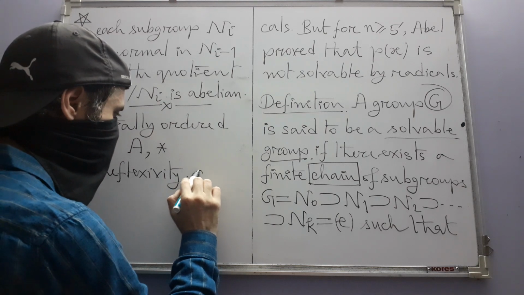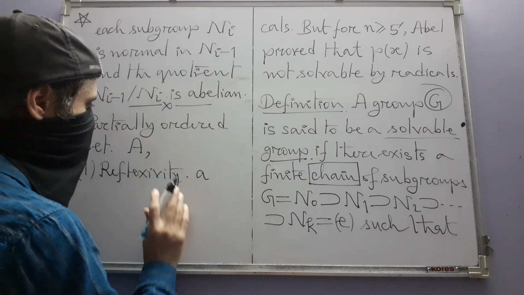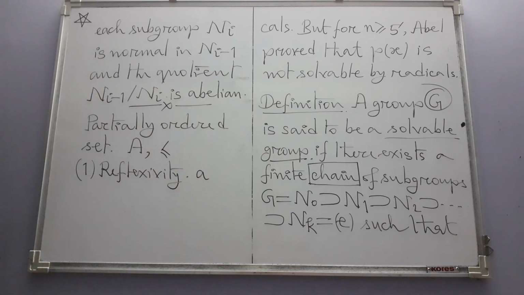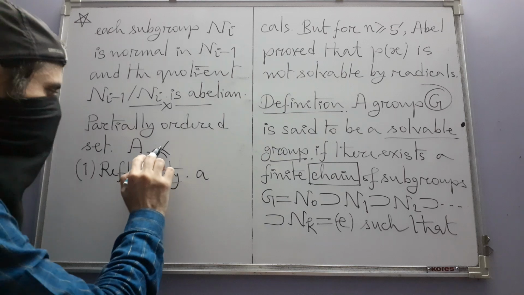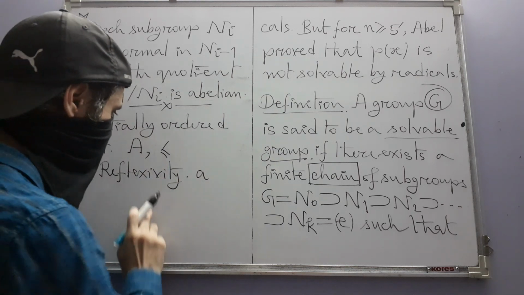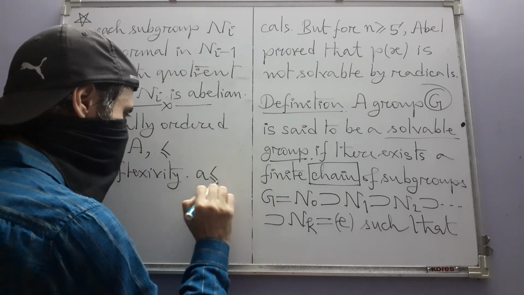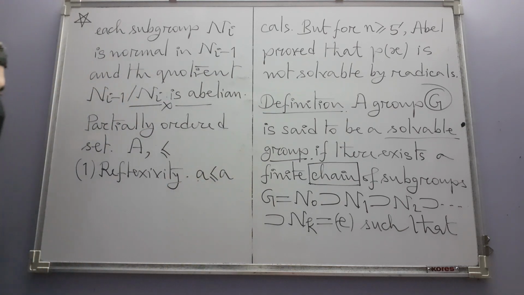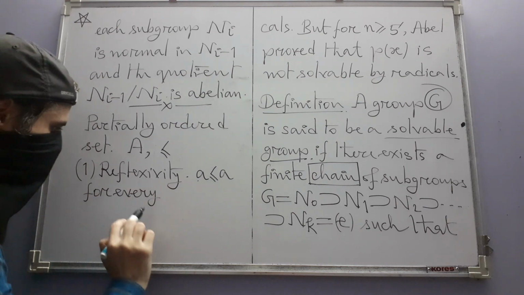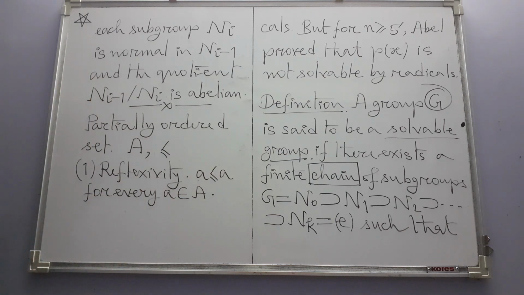Let me just simply write this, with the understanding that this is not ordinary less than or equal to, it's just a symbol, because the set A may not have numbers in it. A is related to itself for every A in A. That is your reflexivity.